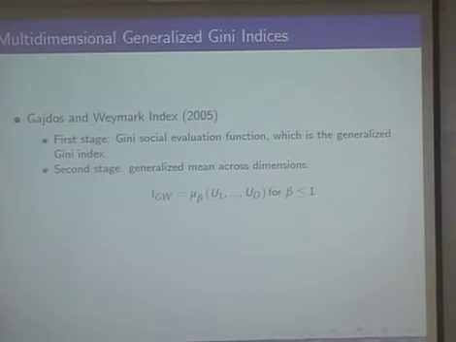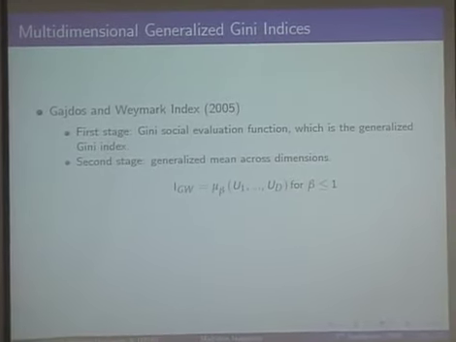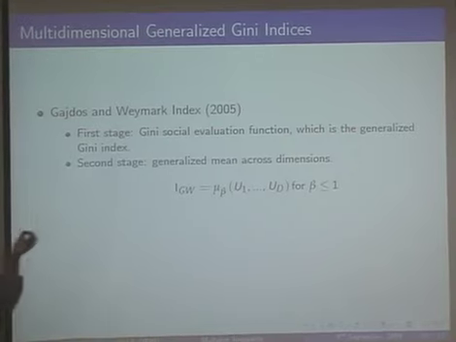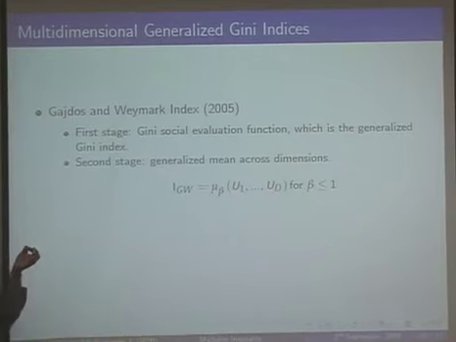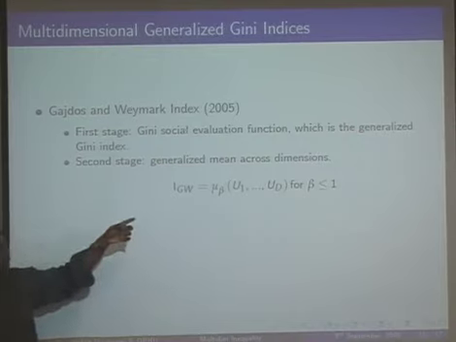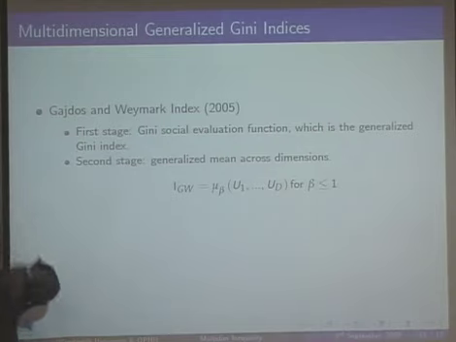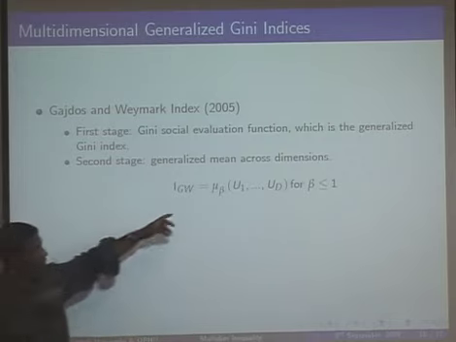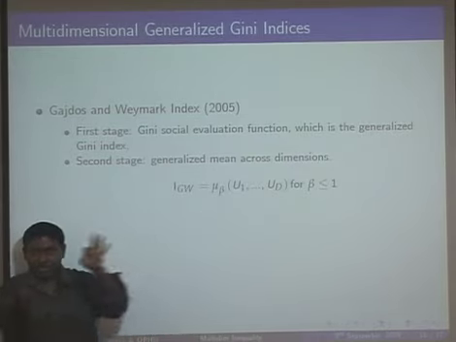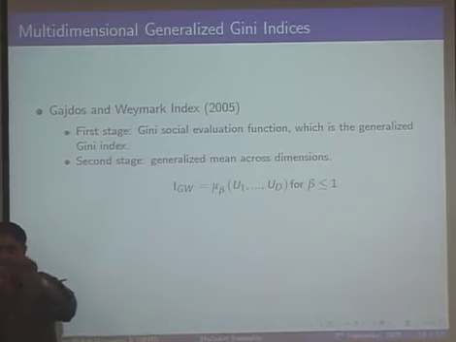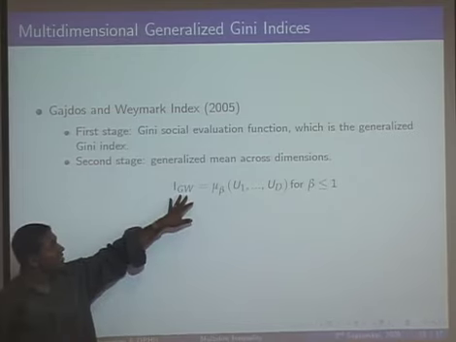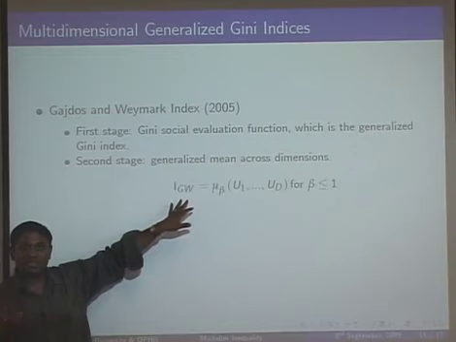I was working with Professor Foster one day, and it turned out that the Hicks index, HDI, is actually a subclass of this index. Because can you remember Hicks? First stage, mu times 1 minus g, and second stage, the simple average. It is also doing a similar thing. If you just play a little bit with it, you will find that the Hicks index can be incorporated into this index.